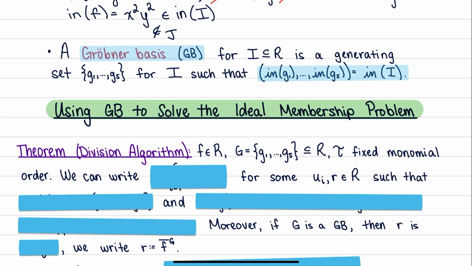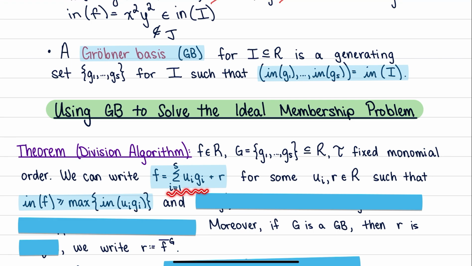Given those three things, we can always write f as an R-linear sum of elements of my set G plus some remainder r, that are going to satisfy a couple of properties. The first is that the initial term of f is going to be greater than or equal to the largest initial term that comes from this sum part.